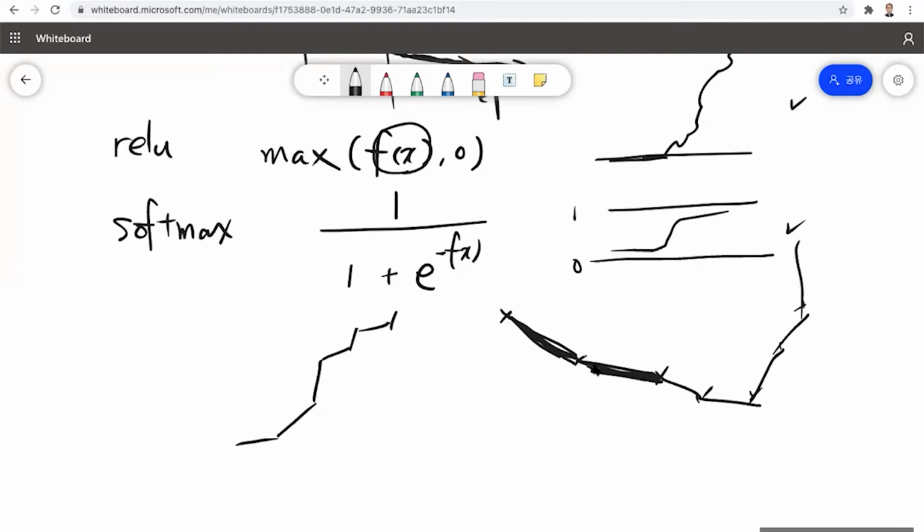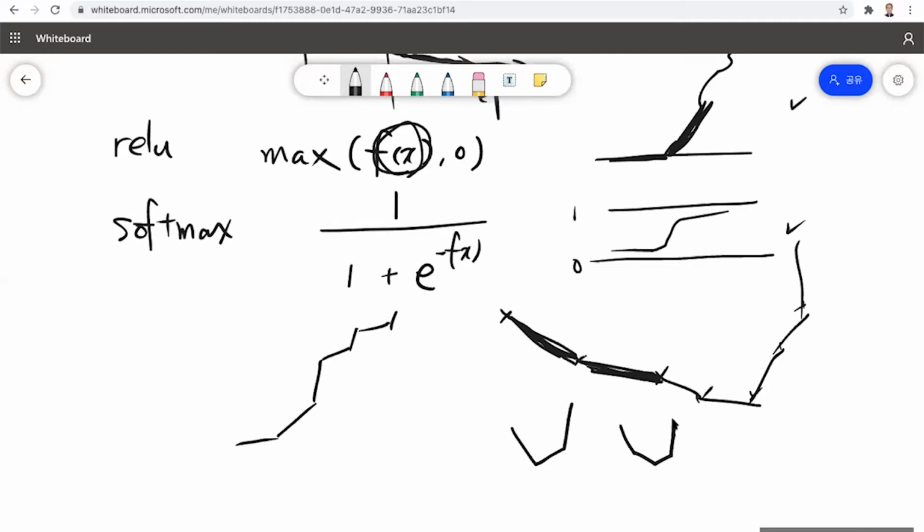function. And the ReLU function is basically 0 and some linear function if your f of x is linear. But once you have this, you can make this one the input to your next ReLU function, then it could look like this.